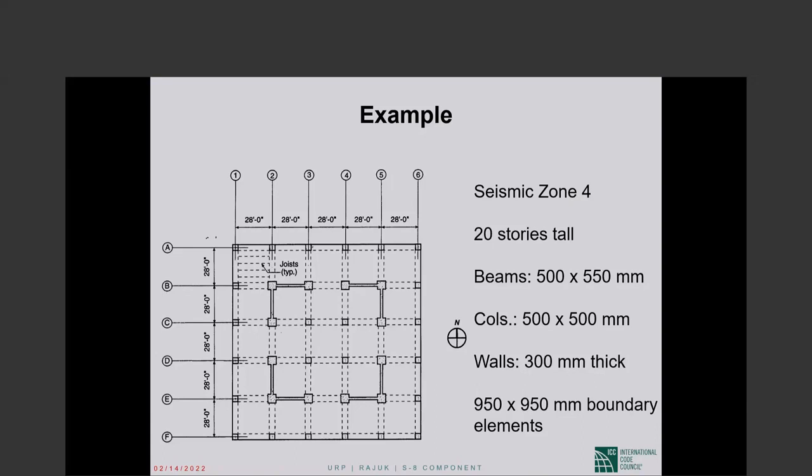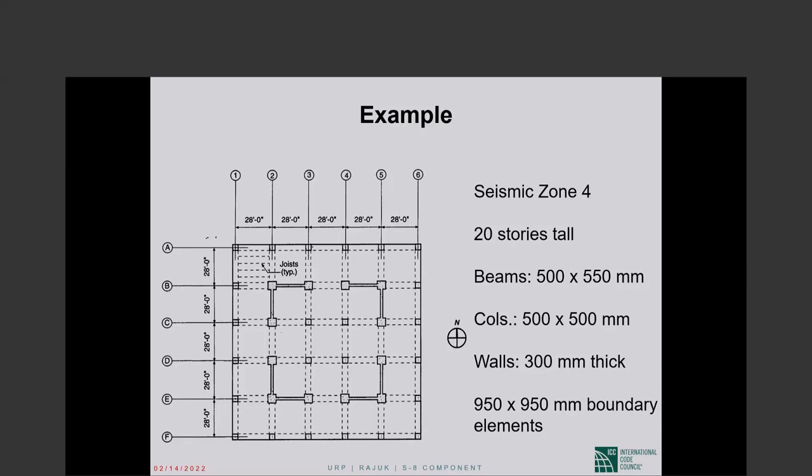For strengthening of an existing ordinary moment frame building with BNBC 2020, if the code requires a special moment frame, then how should we comply with the code requirement, and what should be the R value?